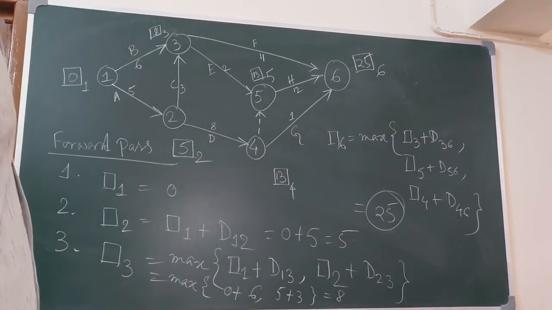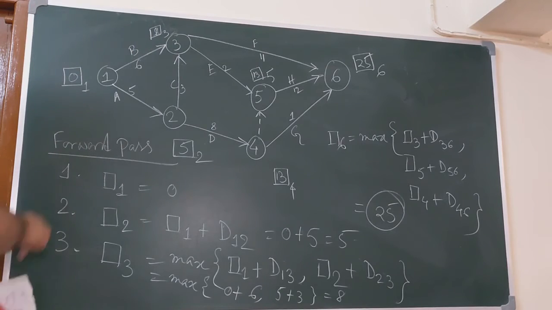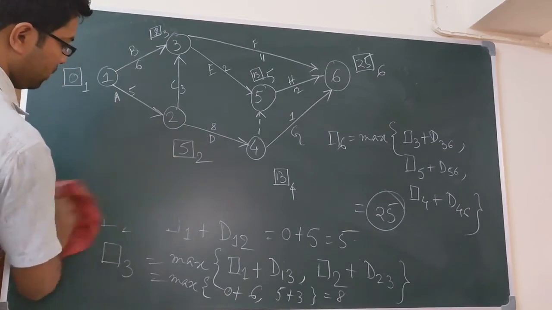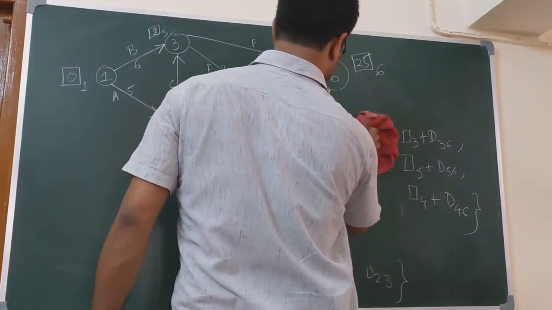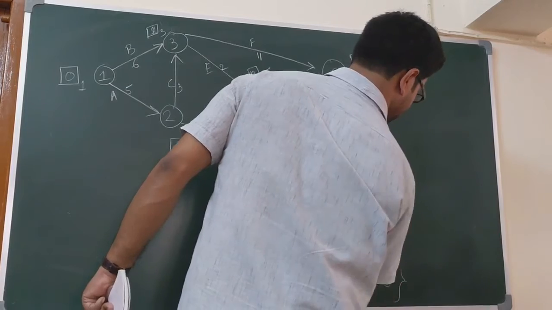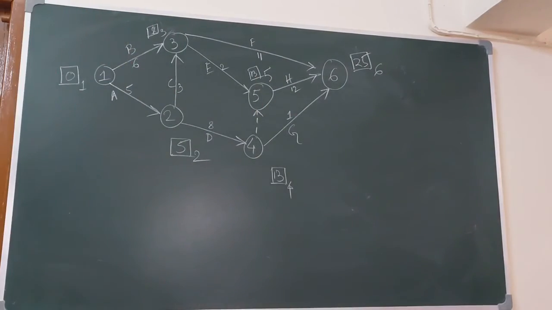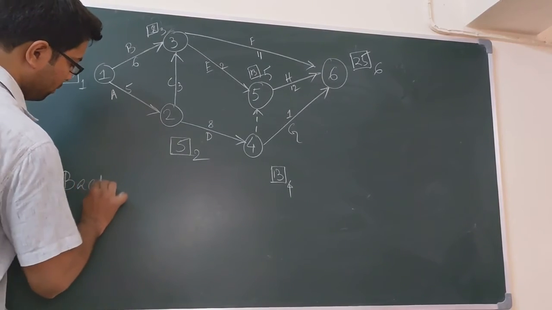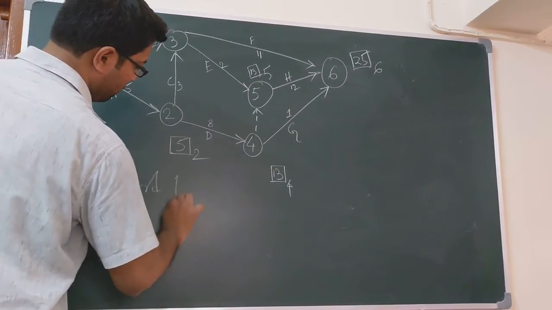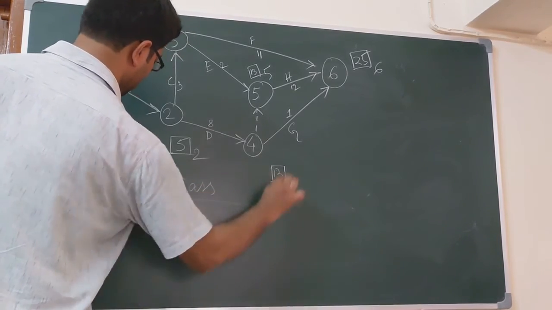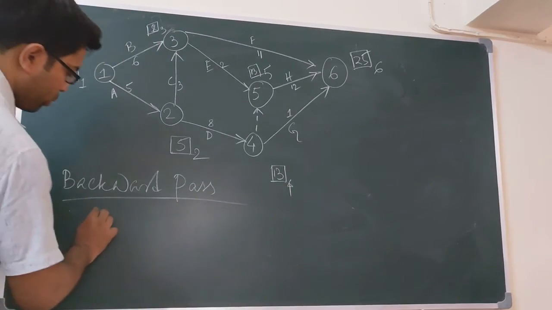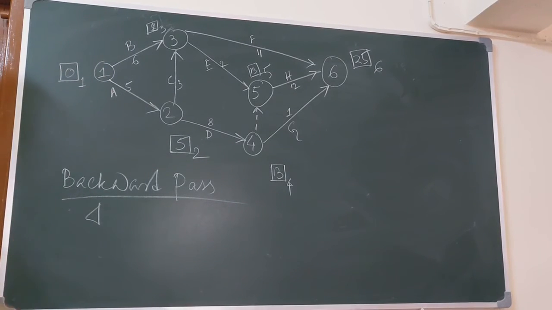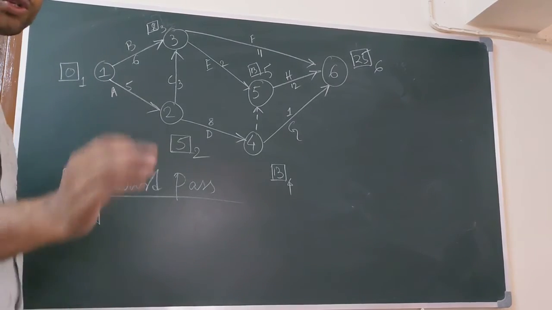This is the forward pass. Now we compute the backward pass. How to compute the backward pass? In the backward pass, you always know that the last node's latest occurrence is equal to the last node's earliest occurrence.